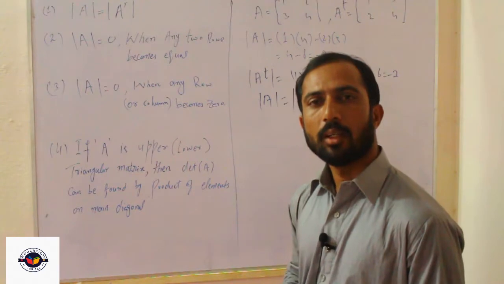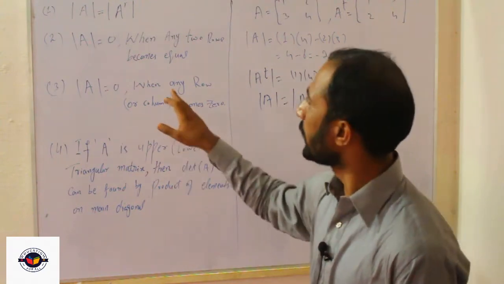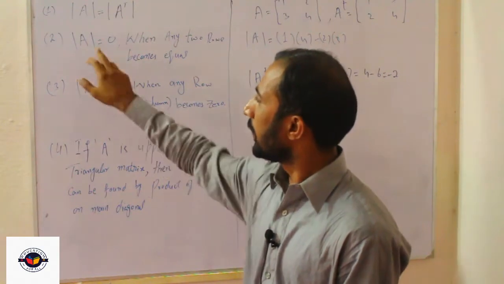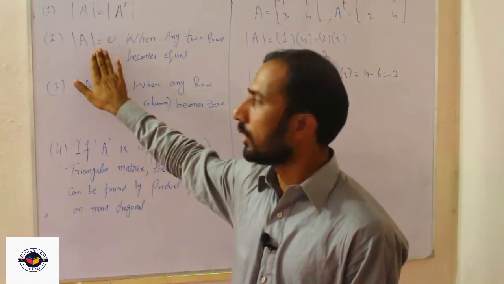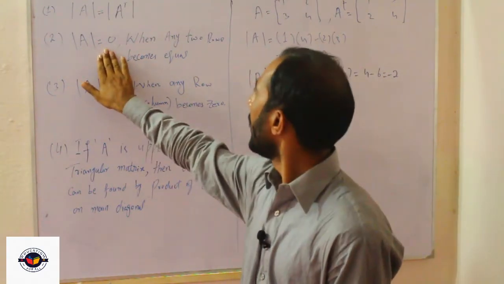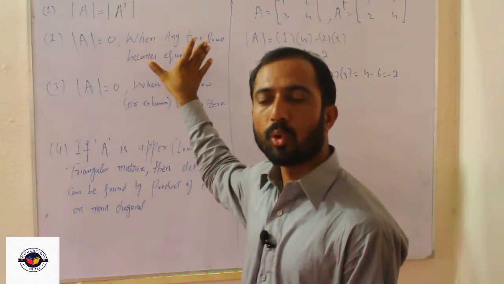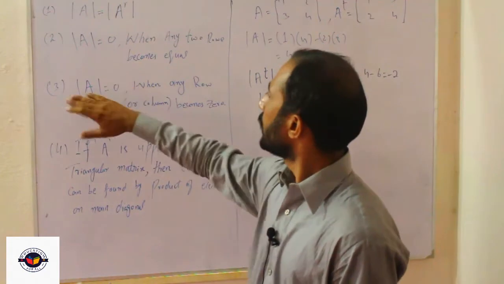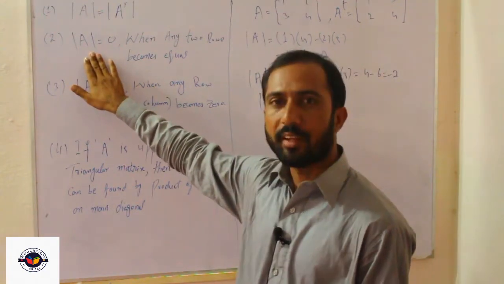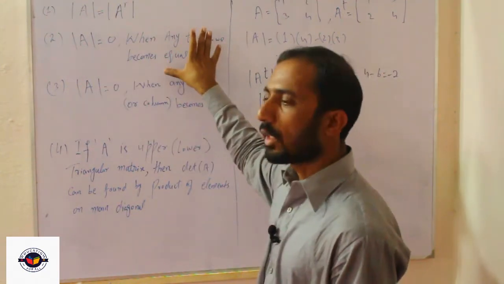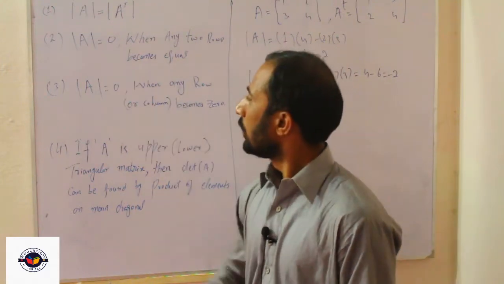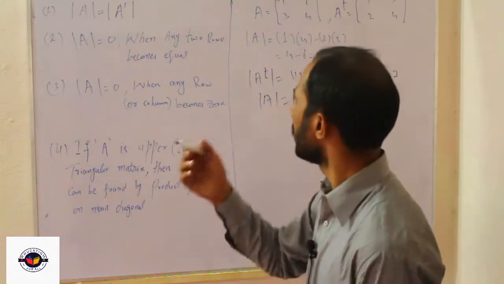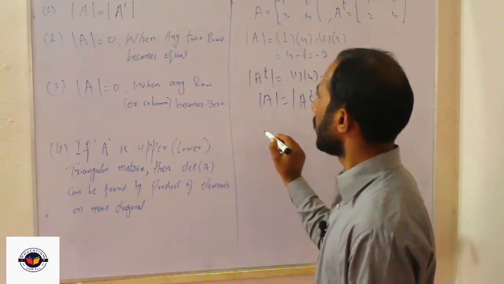Now we move toward the second property of the determinant. In the second property it is given that the determinant of A will be 0 whenever any two rows become equal, or this property also holds whenever any two columns become equal. Now we explain this property with the help of a simple example.